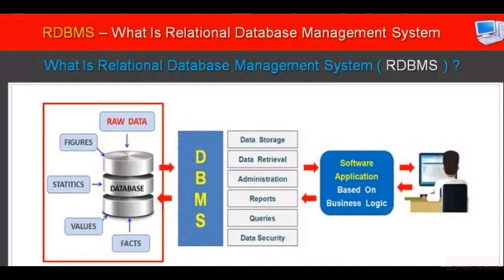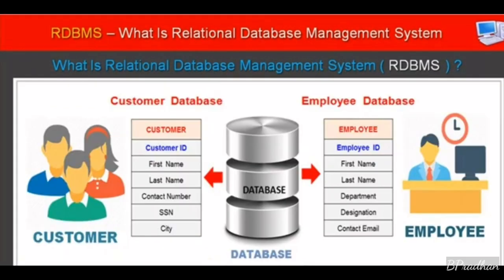For example, we have a database of customer and employee. So we need some attributes in order to store the information about the employee and the customer. Those attributes are customer ID, employee ID, first name of the customer, similarly first name of the employee and so on.